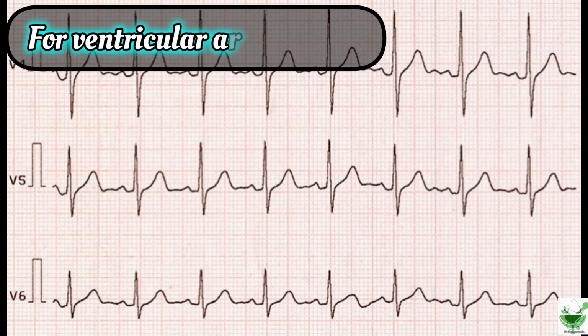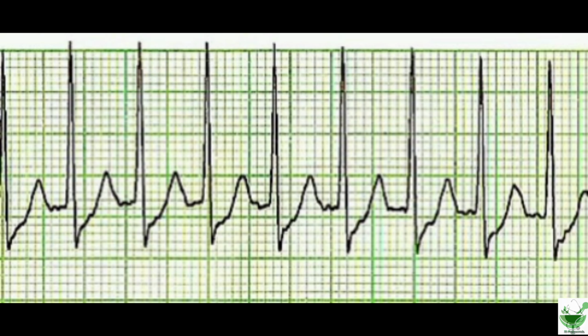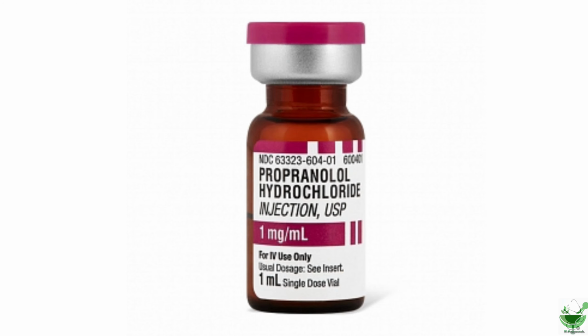Then for ventricular arrhythmias, lidocaine IV repeated as required is the drug of choice. For supraventricular arrhythmias, propranolol may be given IV or orally depending on the urgency.